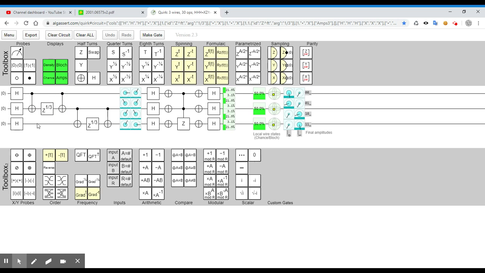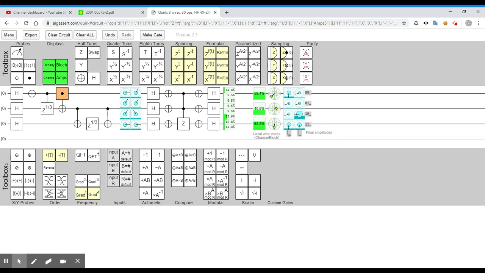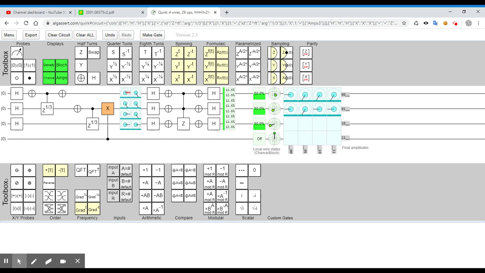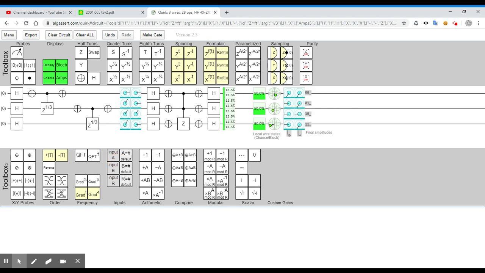So what they're saying is that this would be equivalent to doing these. Is that correct? I'm not so sure. 60 degrees.